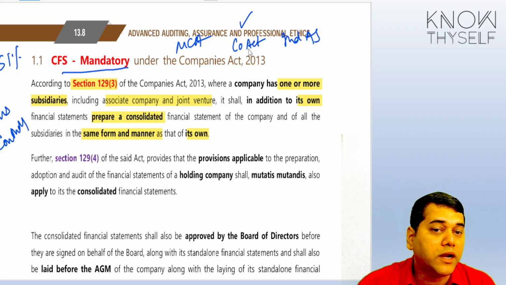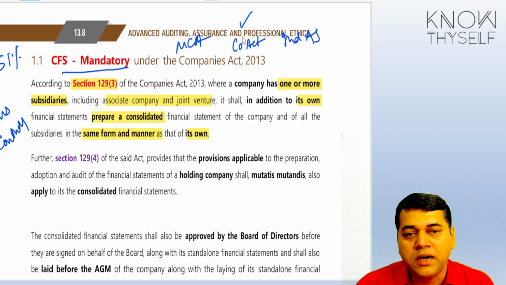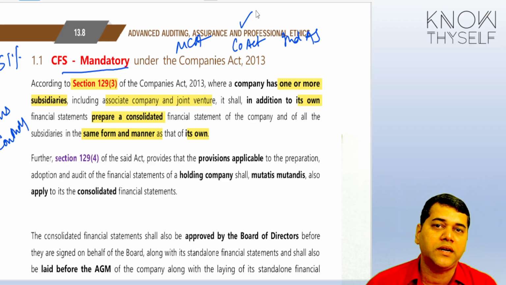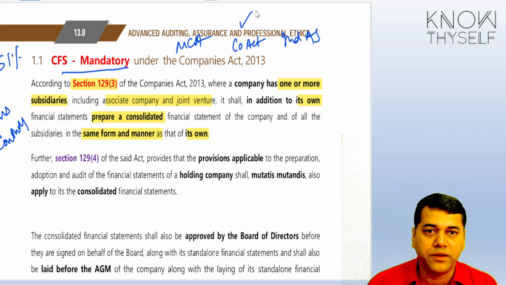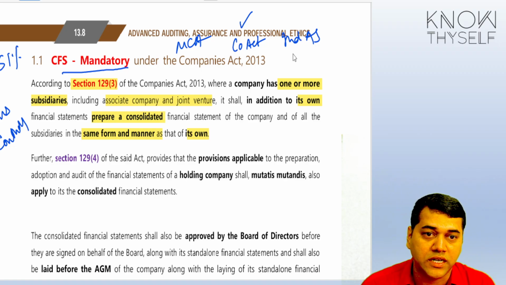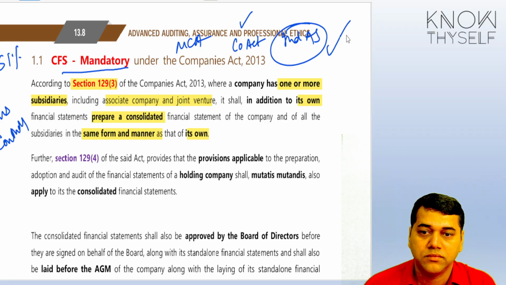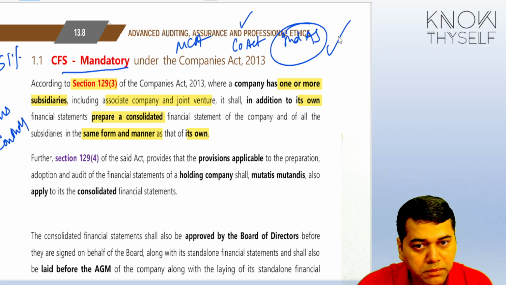But when it comes to accounting matters, MCA has given a very clear-cut notification: in other matters, yes, law prevails, but when it comes to accounting matters, if there is any conflict between the Companies Act and Ind AS or accounting standards, Ind AS or the accounting standards will prevail. So this is what we need to keep in mind.